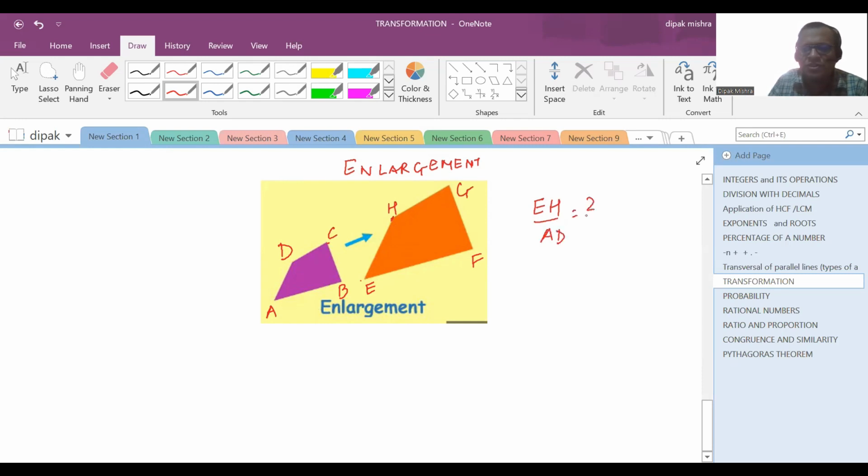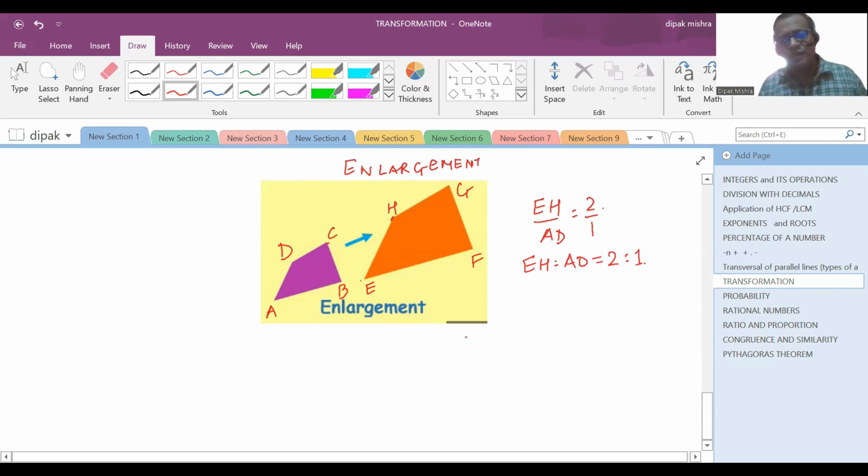So EH by AD is 2:1, because this has grown by two times. If that be the case, then the transformation is known as enlargement.